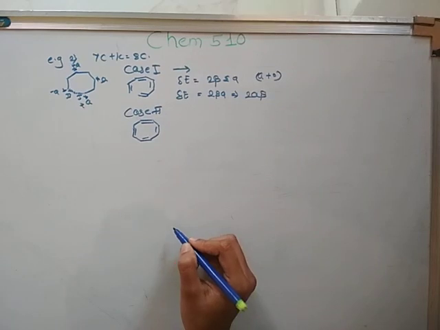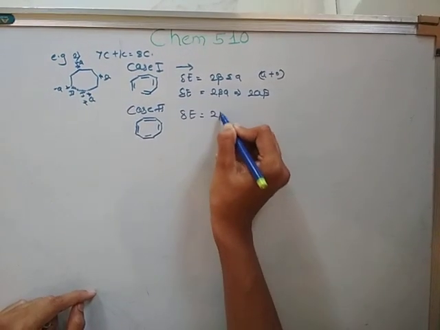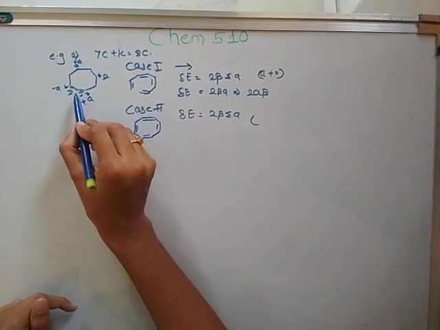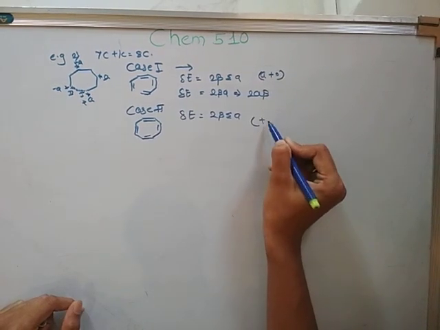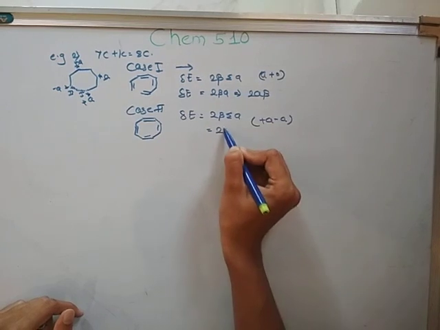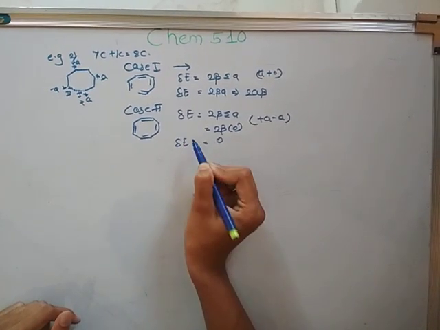Cyclooctatetraene has delta E equal to 2 beta summation of A. Now summation of A is plus A, minus A, plus A, minus A, which is equal to 0. So 2 beta into 0 is 0. Delta E is equal to 0.